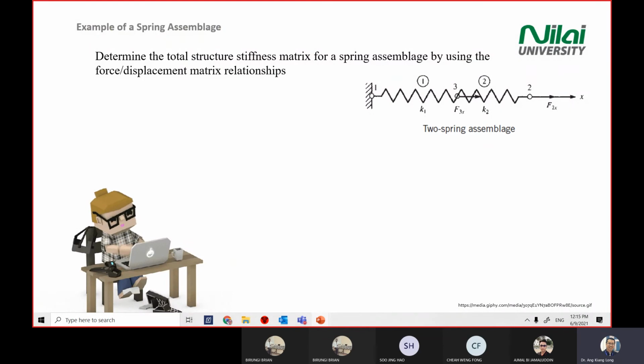Ashma, are you there? Yes, sir. Ashma, when it comes to deriving the stiffness matrix, what is the first equation that we always mention? F equal to KD. Okay, correct. So we are going to start with that equation.